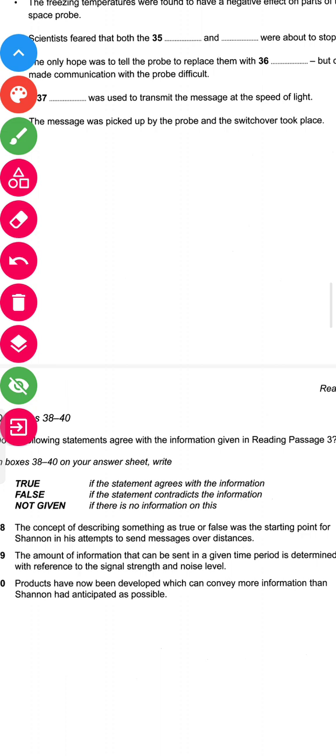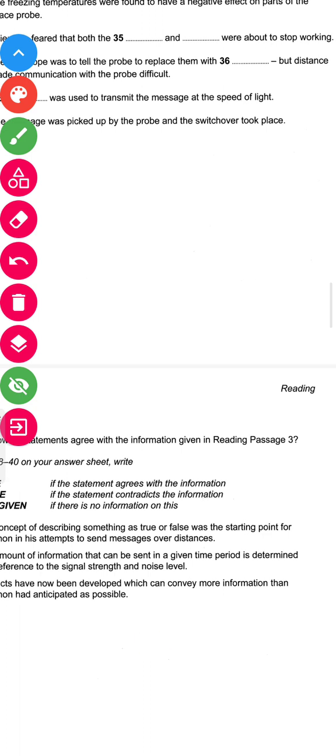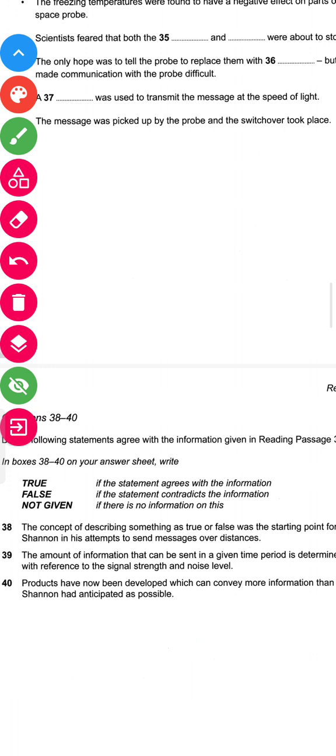the concept of describing something as true or false was the starting point for Shannon in his attempt to send messages over distances.